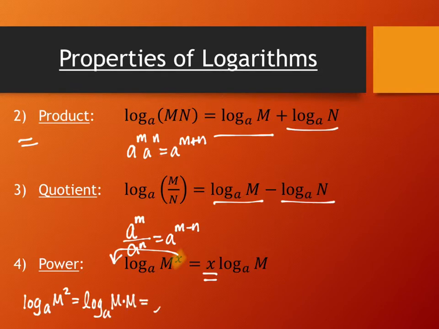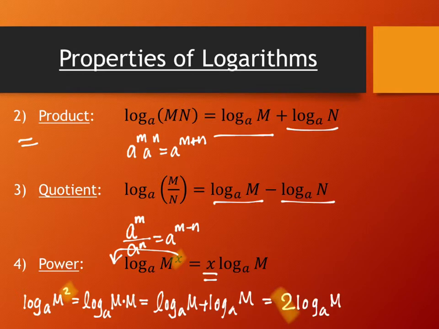And then property number 2 says that I can do log base a of m plus log base a of m. Well, that's just 2 log base a of m. And so you see that 2, that was the exponent, coming in front. So it's just a property of repeated addition, right? It becomes multiplication. That's really what's happening there.